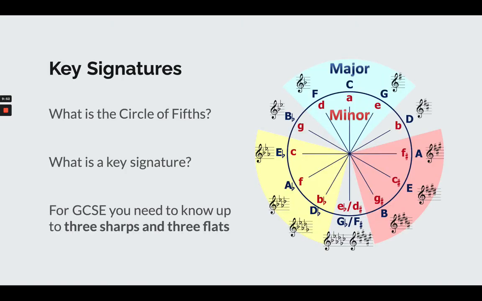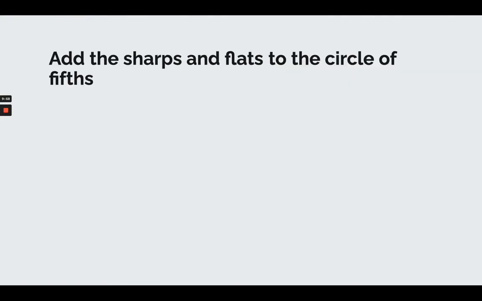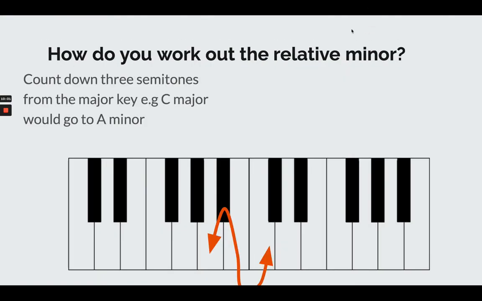So, how we work out a relative minor key from a major key is this process. We will count down 3 semitones. So for example, C major, to work out the relative minor of that, we would go from C, where you can see this arrow here, down one semitone to B, down another semitone to B flat, and then to A.